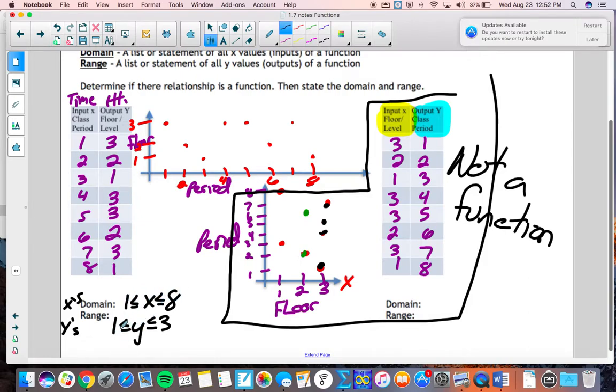And here my y's are greater than or equal to 1, and less than or equal to 3. Whereas here, if you look at the domain or the x's, they only go between 1 and 3. But the y's go between 1 and 8, including the 1s and 8s and 1s and 3s there.